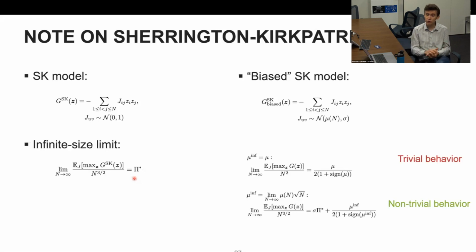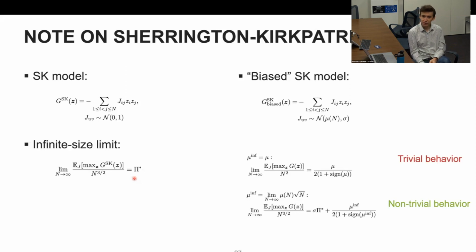In this natural regime, we get trivial behavior. So our limiting behavior is just essentially mu, which is extremized by all spins being aligned, or half of the spins being aligned and another half being aligned in the opposite direction, depending on the sign of mu. So this is a trivial behavior. This is not a hard problem to satisfy this limiting behavior.